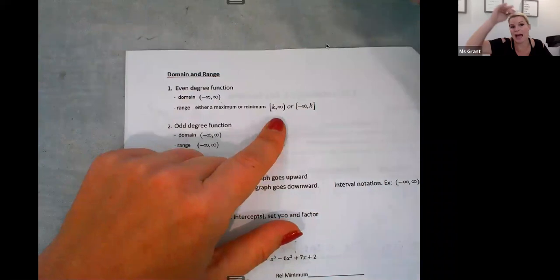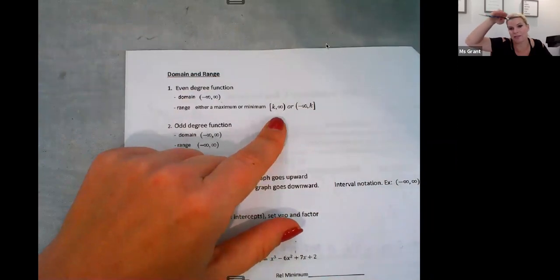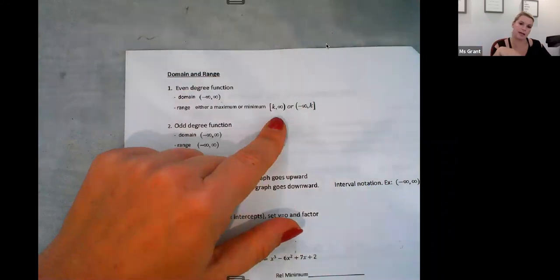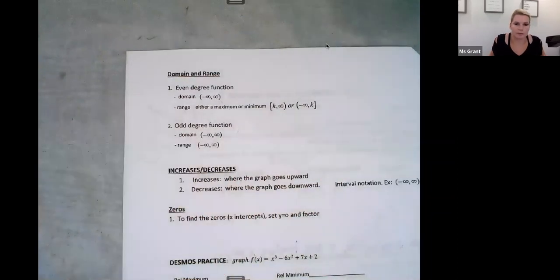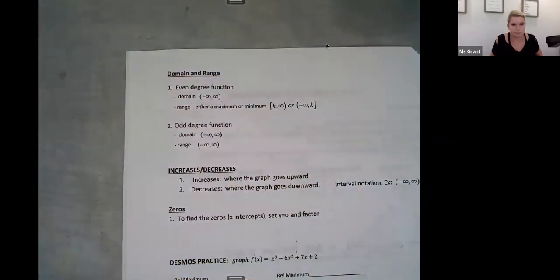The K could be a high point if it's a negative function, or a minimum, a low point, if it's a positive function. For an odd degree, the domain and range are all real numbers.